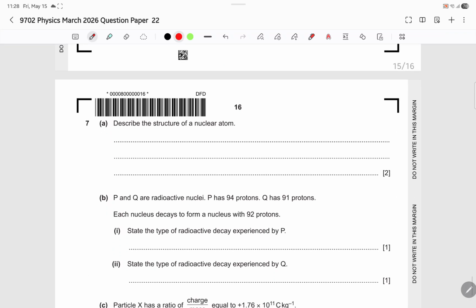Now, describe the structure of a nuclear atom. So what does a nuclear atom have?